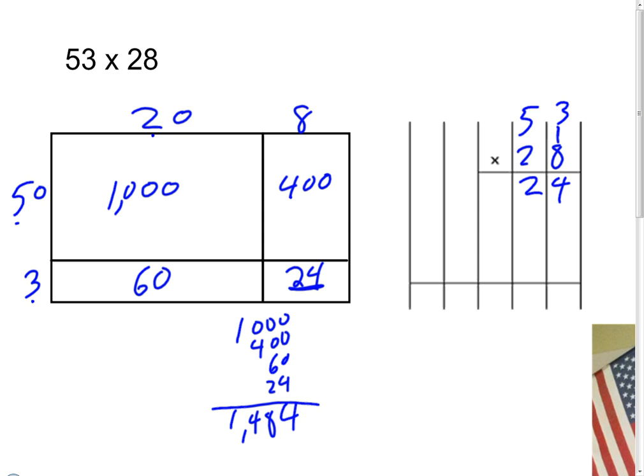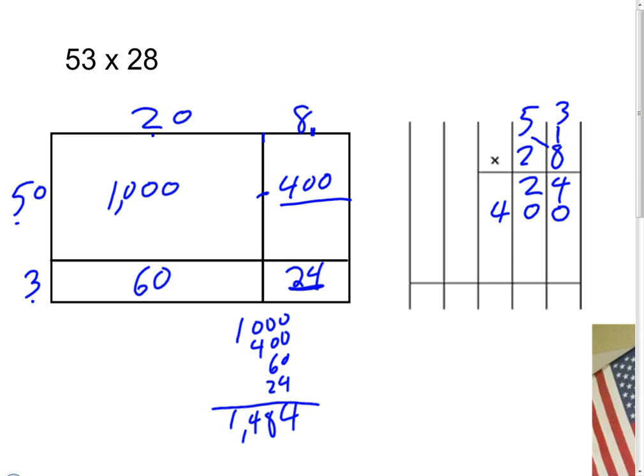I'm going to put my answer right there. 8 times 3 is 24. The next thing I'm going to do is 8 times what? It's not 5. It's 8 times 50, right? Just like we did here. How much is 8 times 50? 400.